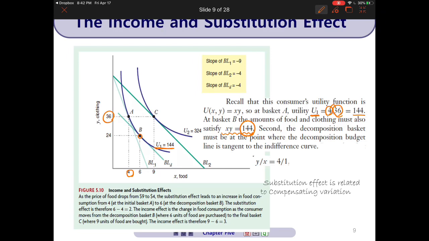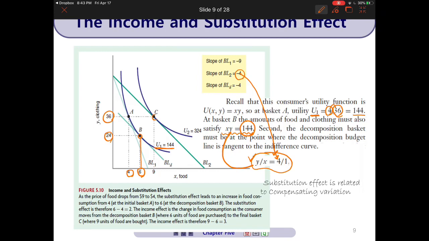So taking this one and another one, we are using this one: MRS equal to the new price ratio, from this one here, minus 4, because we are taking a minus sign. So using these two equations, we draw new basket B, which has the coordinate 6 for X, 24 for Y.